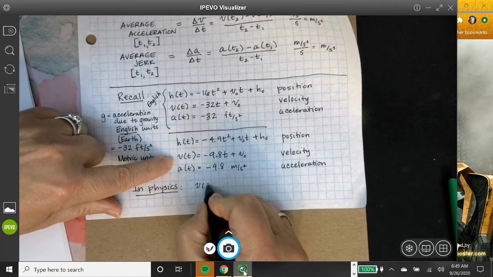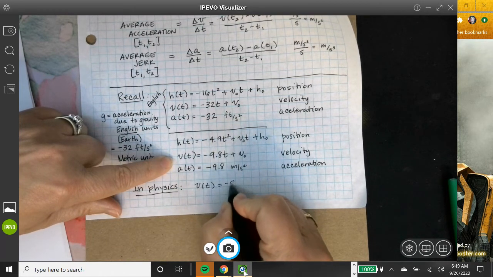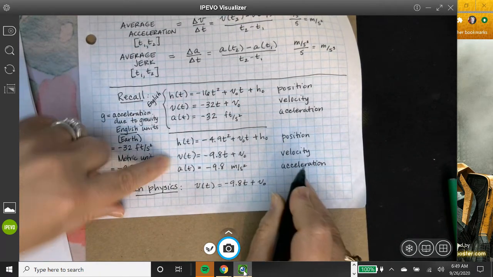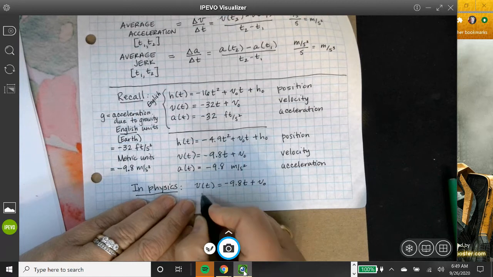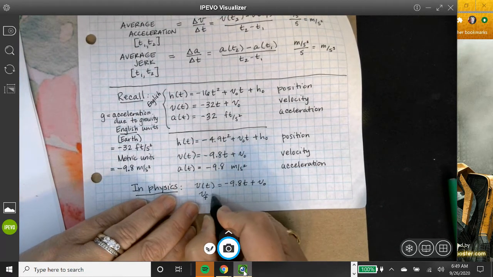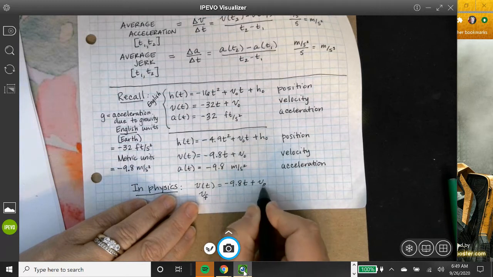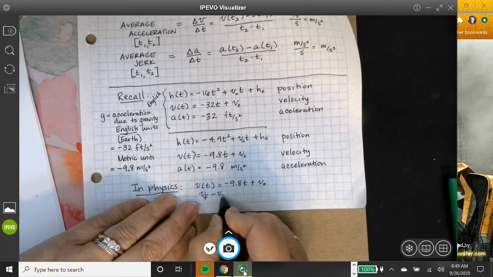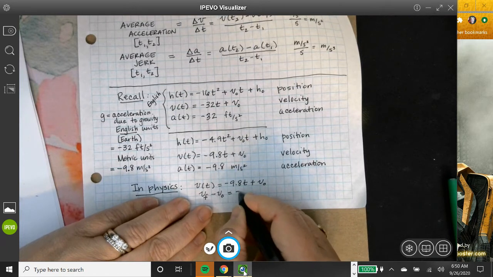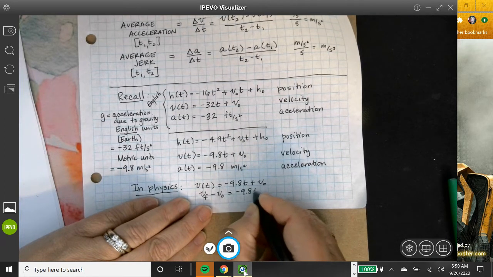We could say the velocity is equal to negative 9.8 t plus v original, right? I could write this as v final, right? Because that's at some time. And then I could move this velocity original to the other side. And that's going to equal negative 9.8 times t.